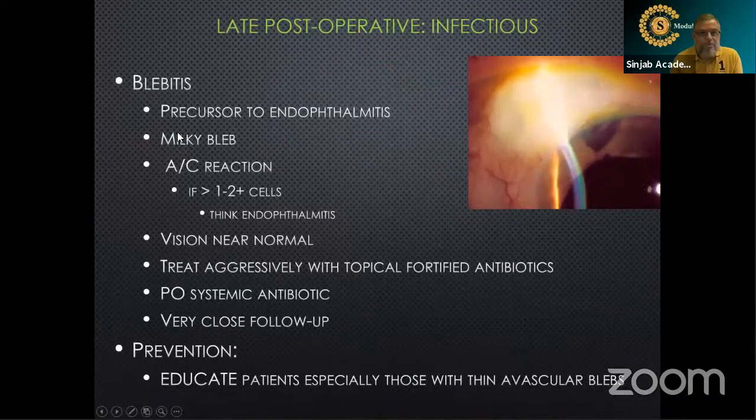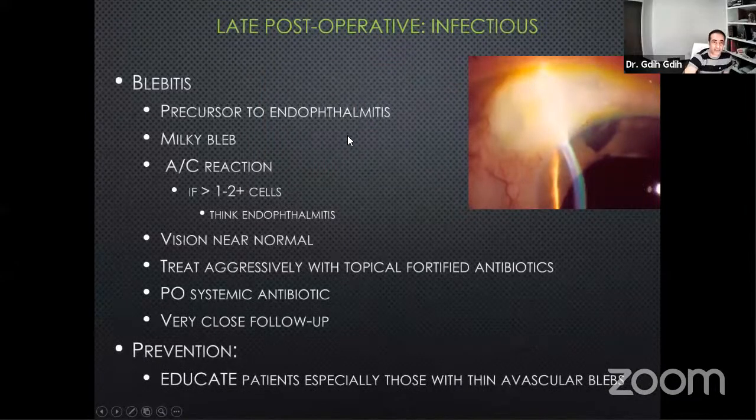So blebitis is a precursor of endophthalmitis. It can convert into that at any time. Milky bleb, they call it. You see a bleb as if there's milk in it. AC reaction, you can or cannot have. It can be either way. But if the cells are more than 1 to 2 plus cells, always keep endophthalmitis in your mind.